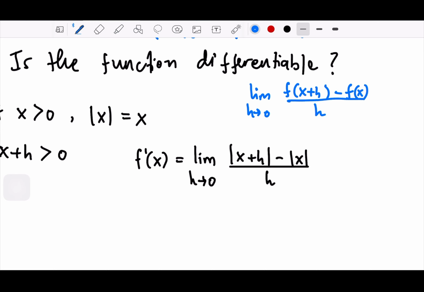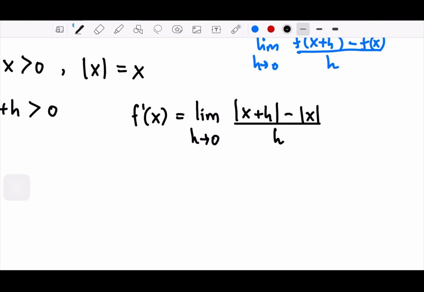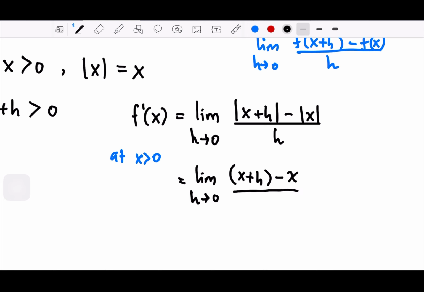So at x positive, the x plus h becomes just positive, right? So we can write it with no problem, and then we can cancel this, and we know for sure that this result will be equal to 1, right?